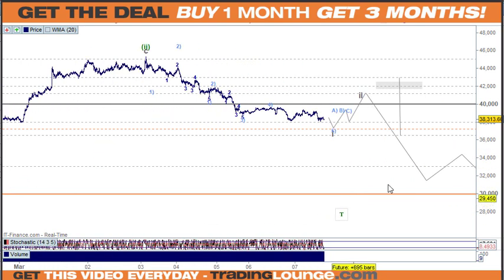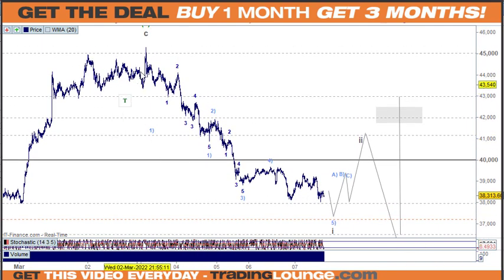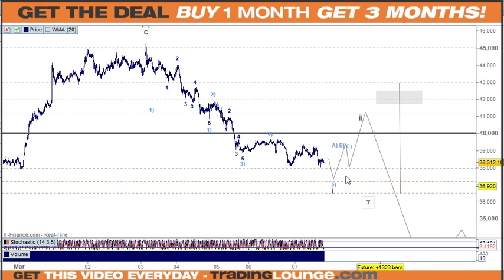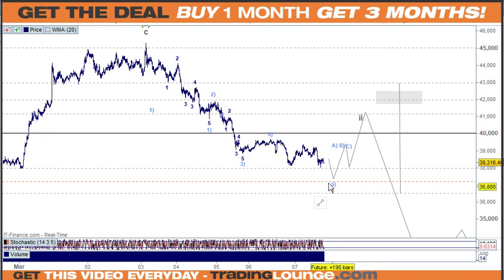In terms of trading this here, as I mentioned, this move down through here, I could have it wrong by one wave in here. That would leave me with the deeper scenario in here. It would bring me down.